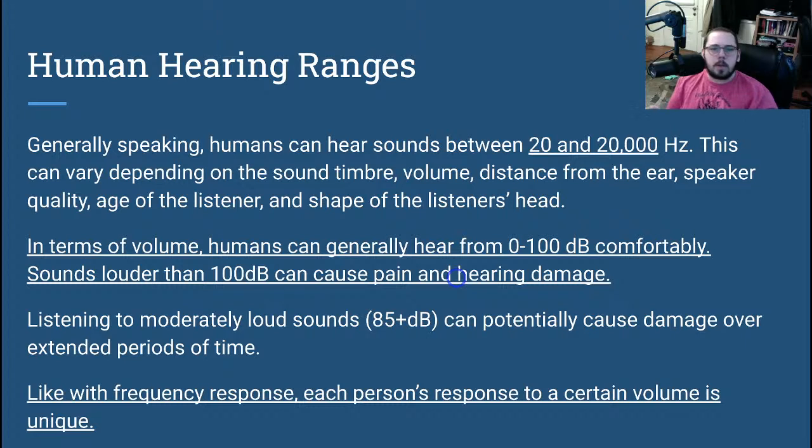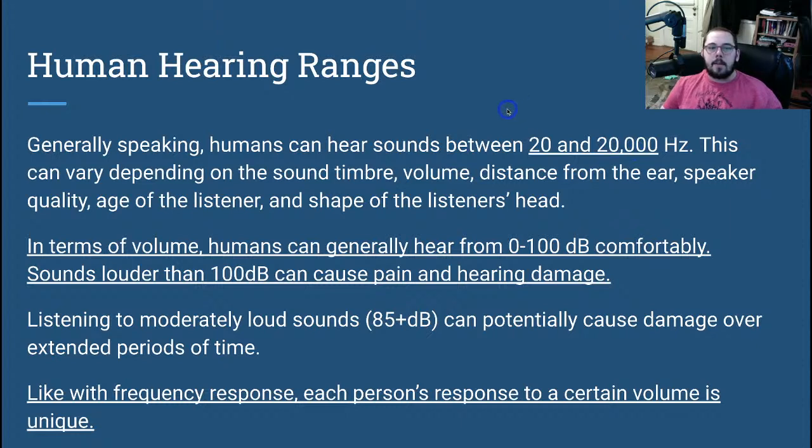So no two people are going to hear the exact same frequency, generally speaking. That's also not a rule, but generally speaking, it's different for everyone. And this range of 20 to 20,000 hertz is an approximation for the human population. All right, so if someone says human hearing, they're generally referring to this range right here.